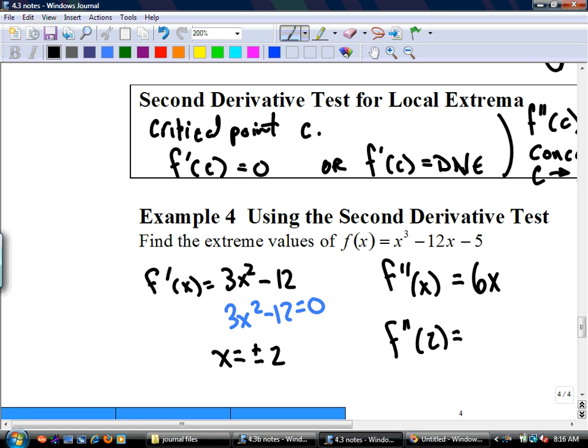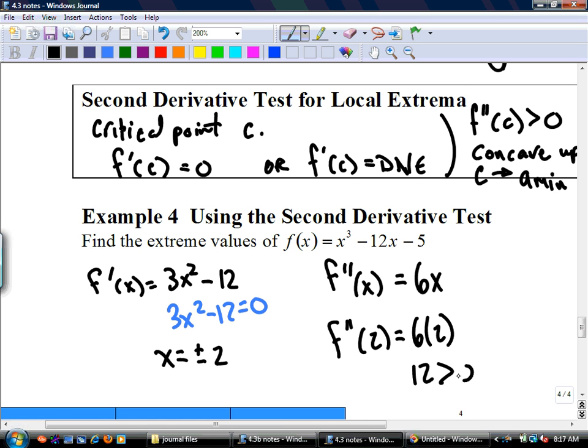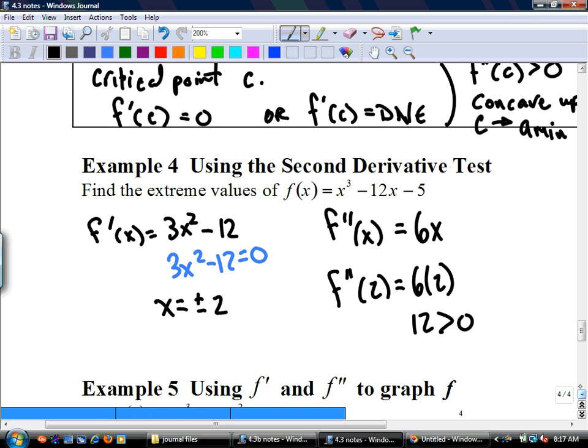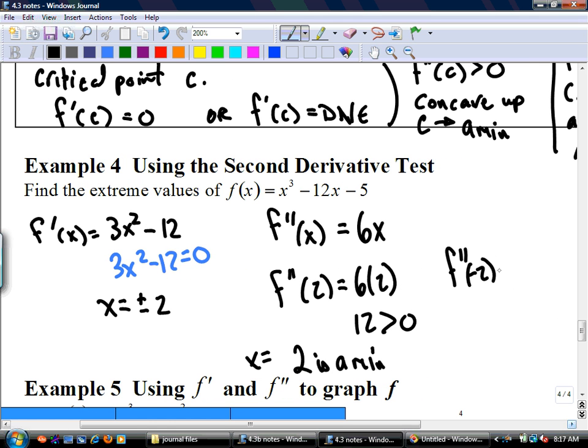What do you get? 12. Is 12 bigger than 0 or less than 0? Bigger than 0. We know right now 2 is a min. X equals 2 is a min. What's f double prime of negative 2? Negative 12. You know right now negative 2 is a max.